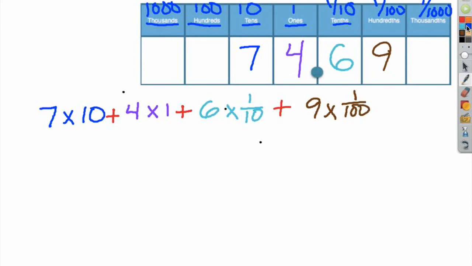And if I were to add another number, the number 2, everybody, what will I multiply by? 2 times 1,000.